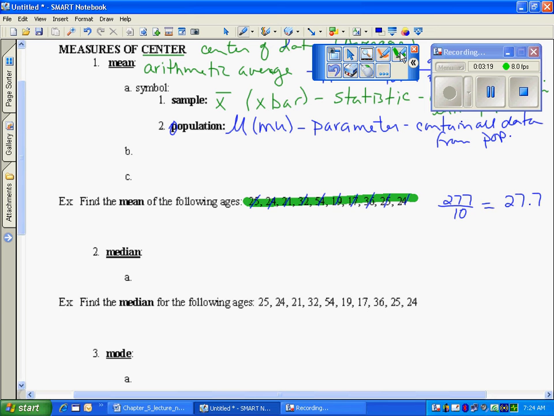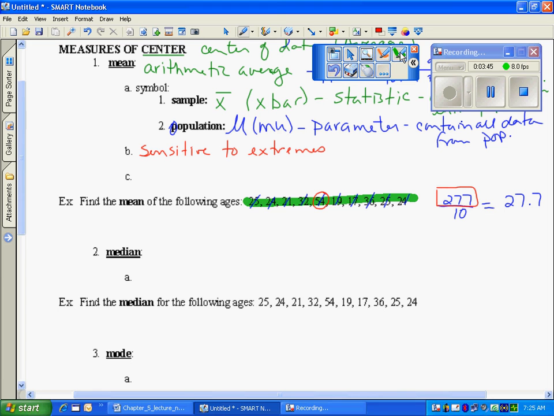Now what we need to be careful of here when we calculate the arithmetic average is it's very sensitive. It's sensitive to extreme values. So if we go back and look at my list, 54 is a little extreme compared to the rest of the values. So what would 54 do?